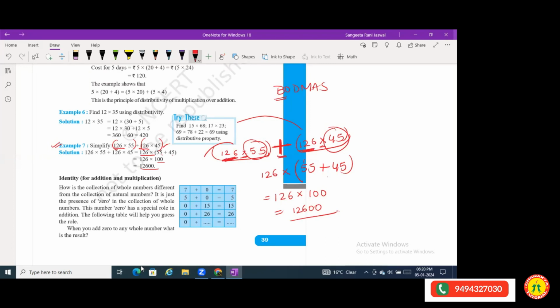First you multiply 126 with 55, then you multiply 126 with 45, then whatever answer you get, you add them. That's a lengthy process. So this is the shorter and the smarter way. You take the common outside, and then you add the rest. Whatever is common, you take it outside, and whatever is not common, you add them up.